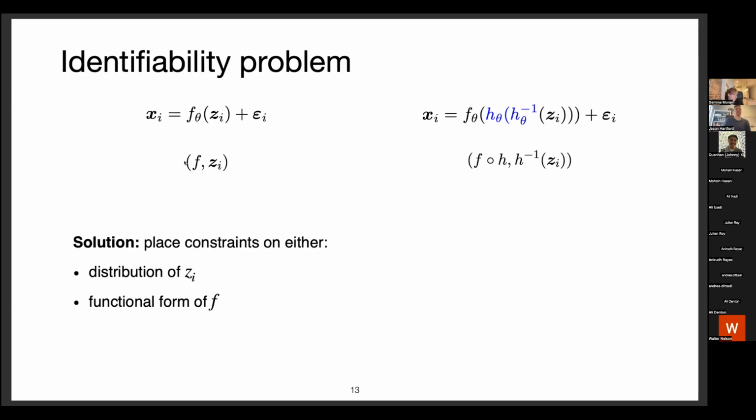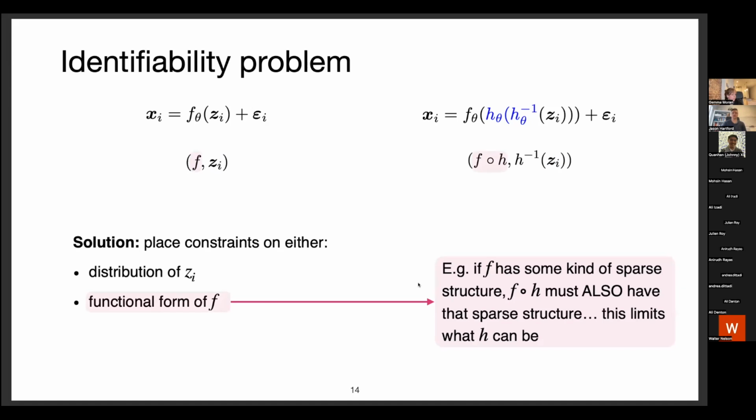If these are our two sets of solutions that are observationally equivalent, this f and z, or the probability distribution on z, and then f composed with h, and then h inverse of z is also an equivalent solution, then if we place constraints, any of these f composed with h also need to satisfy the same constraints as the original f function, and vice versa for our distribution of z.